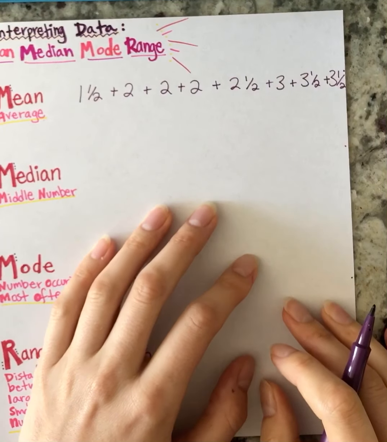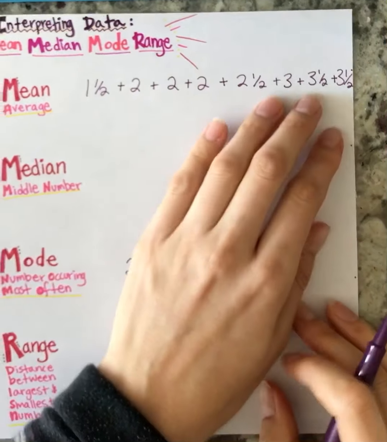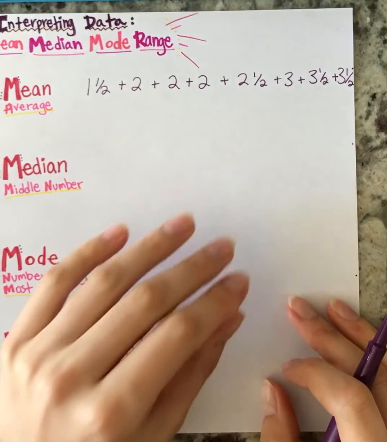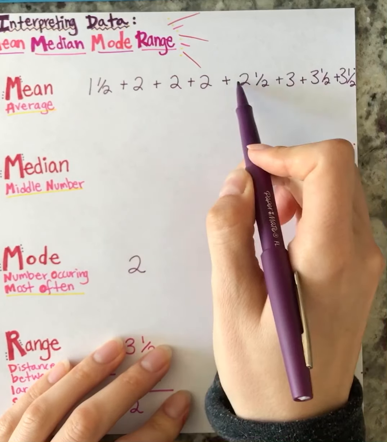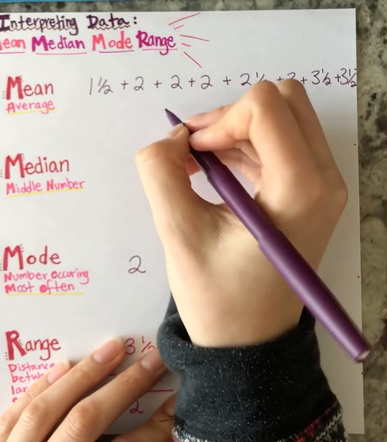Okay, so when we add these up, I like to add up my whole numbers and then add up my fractions. So when I add up 1 plus 2 plus 2 plus 2 plus 2 plus 3 plus 3 plus 3, I get 18.